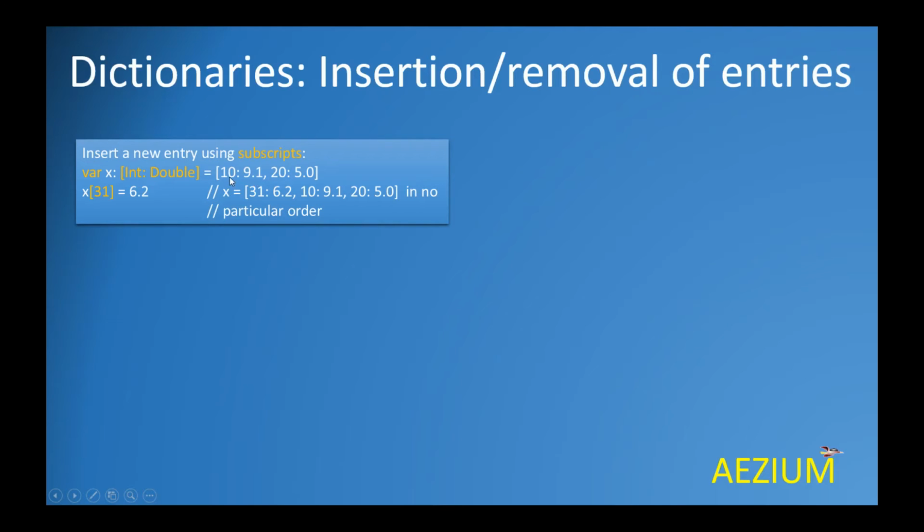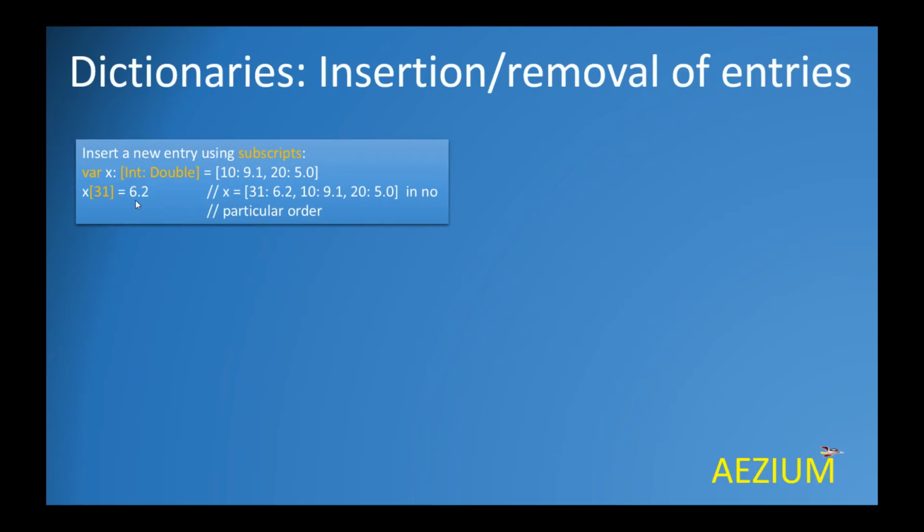So the existing keys are 10 and 20 in this case, and this has to be different. We follow this by an equal sign, and the new value of the new key value pair is stated after the equal sign.